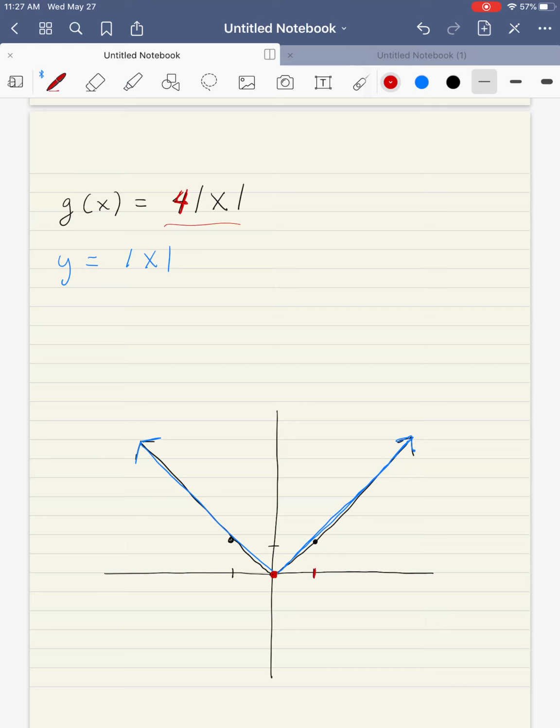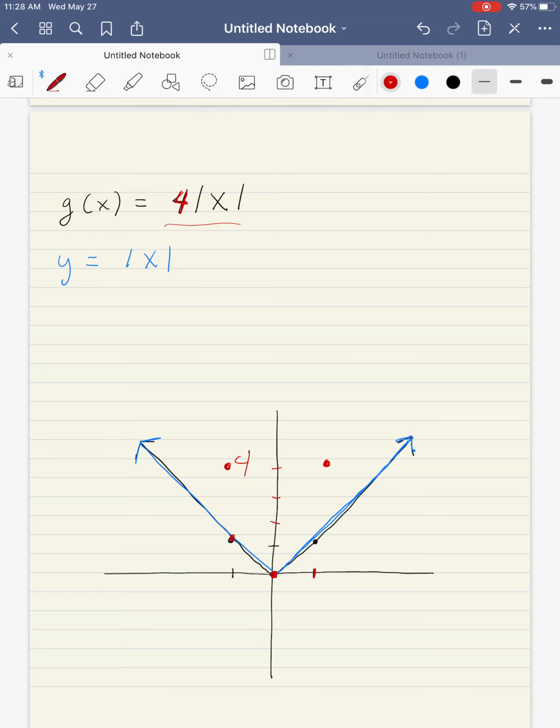When x equals 1, the absolute value of 1 is 1. 1 times 4 is 4. If x equals negative 1, the absolute value of negative 1 is 1. But 1 times 4 is 4.